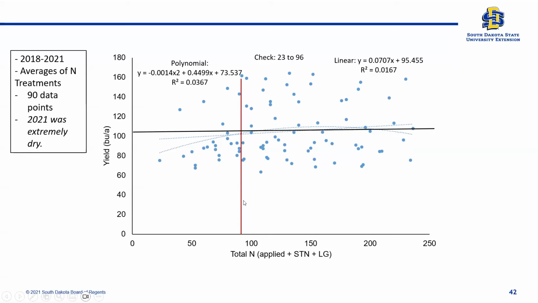So somewhere around here, we can kind of see an economical way of looking at things. After that, we're not gaining much, at a total N of about 100 pounds or 90 pounds all together, including your soybean credit, your soil residual N, and what you applied. And that kind of matches the IPNI recommendation. They say with good growing conditions, after about 90, 100 pounds, you don't see a whole lot of response to added N on oats anyway. So that's what we saw.